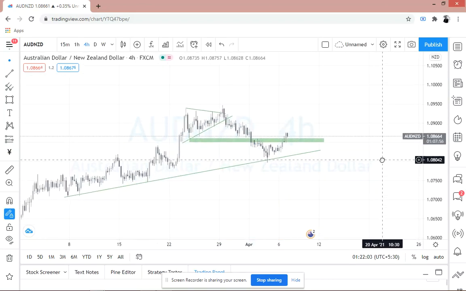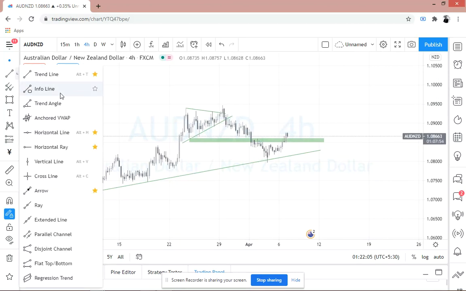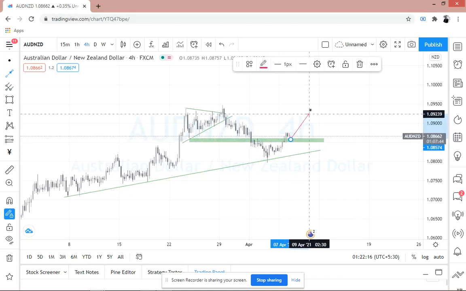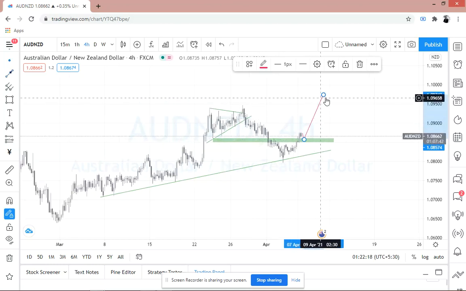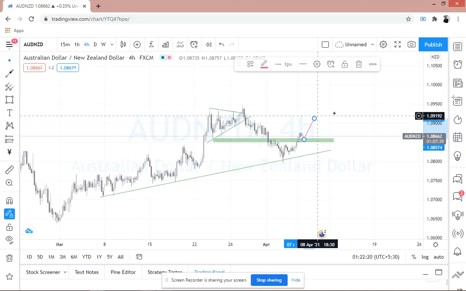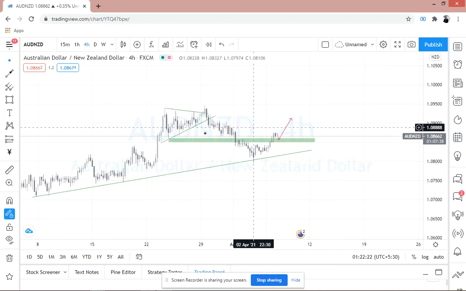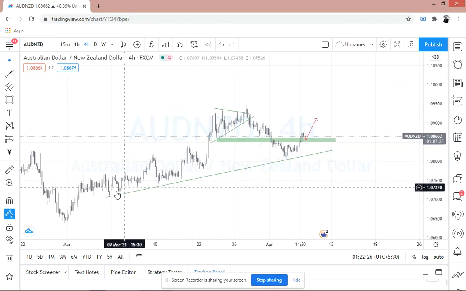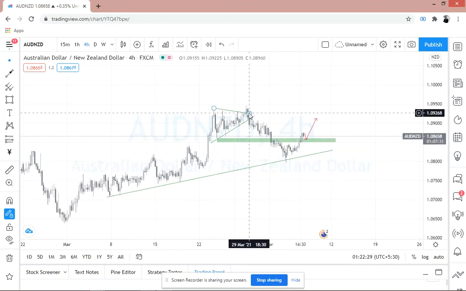So I expect AUDNZD, this is an uptrend, so I expect the market will come back to this zone a little bit and move up. I expect the market movement in such a way like this. The market will come back to this one because this is an uptrend.